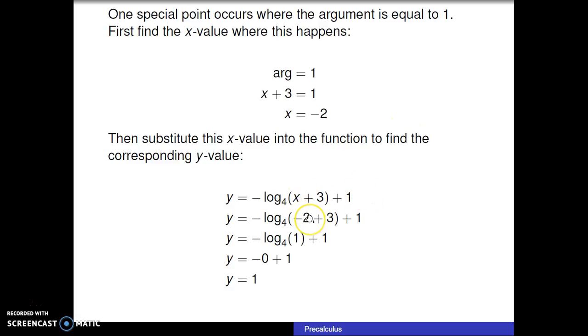Replace the x with negative 2. Inside the parentheses, negative 2 plus 3 is 1. And we know that a logarithm with any base of 1 is equal to 0. So this log base 4 of 1 is 0. Negative 0 is, of course, 0. 0 plus 1 is 1. So when x equals negative 2, y is 1, and that gives us one special point, (negative 2, 1).